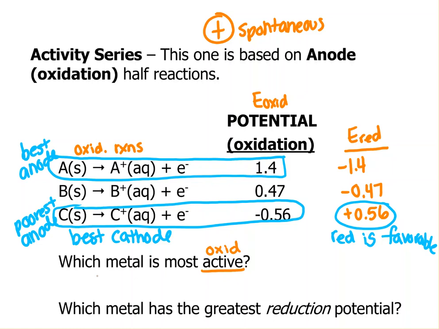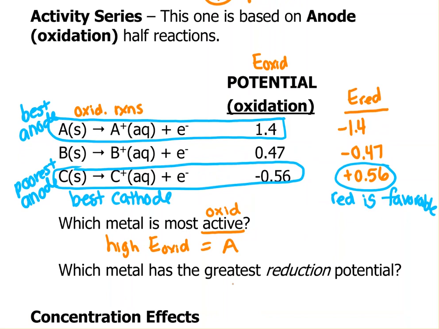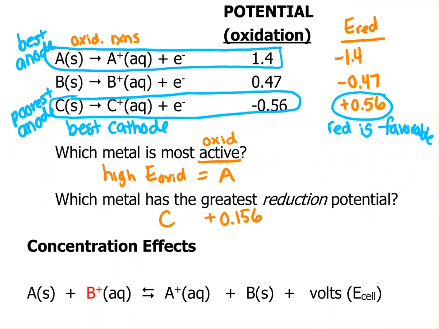So we want the one with the high oxidation potential, and that would be A, which has the greatest reduction potential, and we already figured that out. It is C. So there's opposites there.